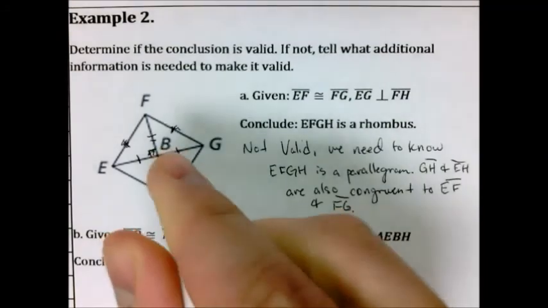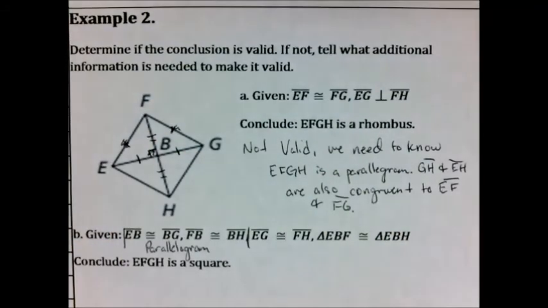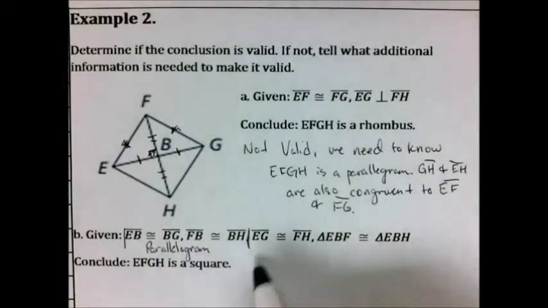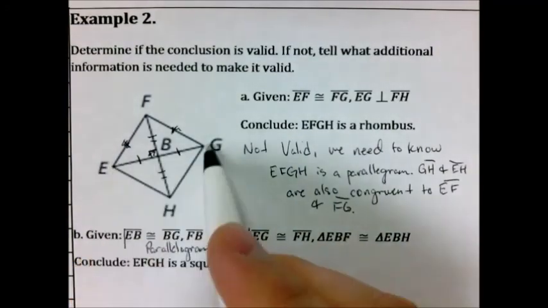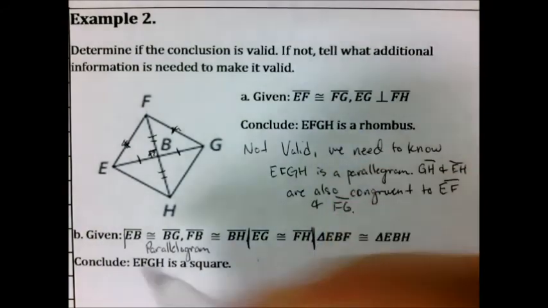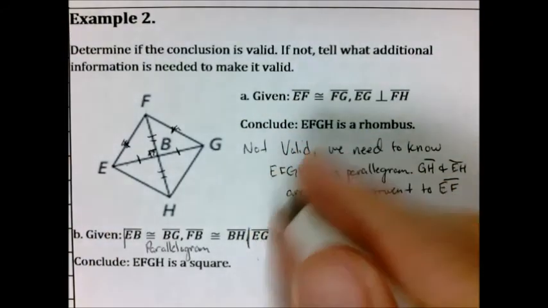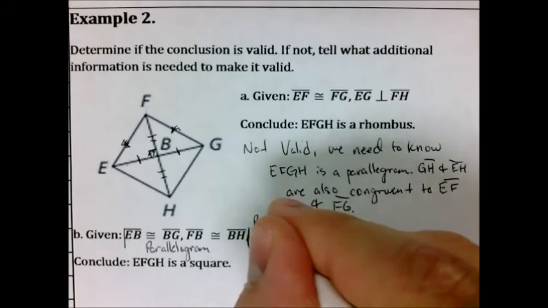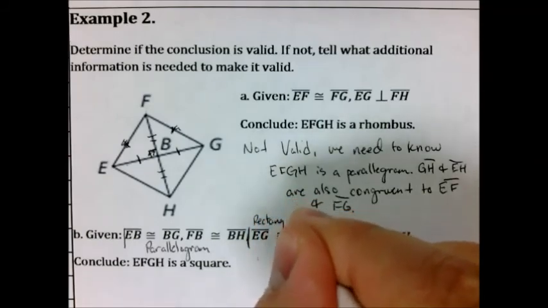Because those are congruent, that makes it a parallelogram. It gives us more information now. It says that EG is congruent to FH. Because the two diagonals are congruent, that makes it a rectangle or square.